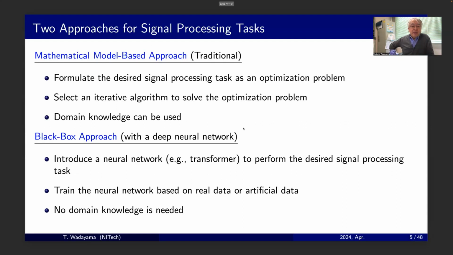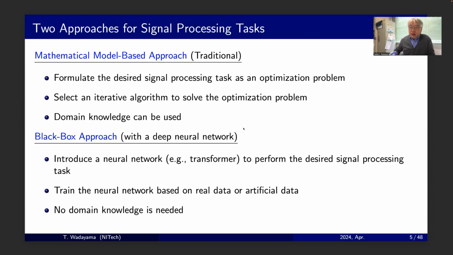In contrast, there is another approach. The mathematical model-based approach formulates the desired signal processing task as an optimization problem and selects an iterative algorithm to solve it. This approach can utilize domain knowledge, but may lack flexibility to adapt to the environment.